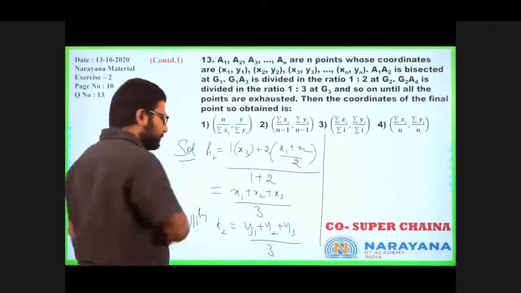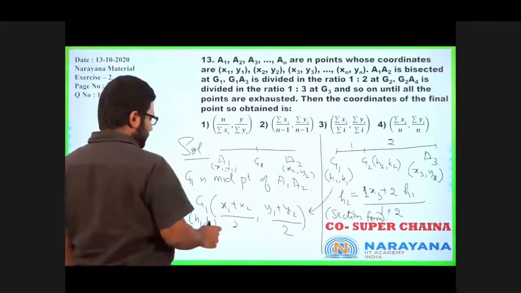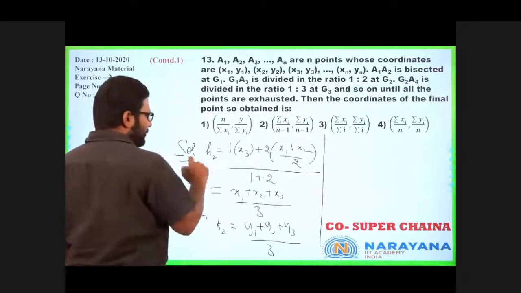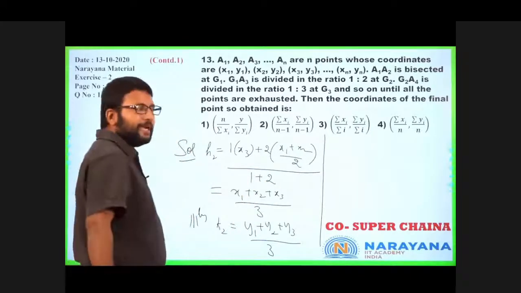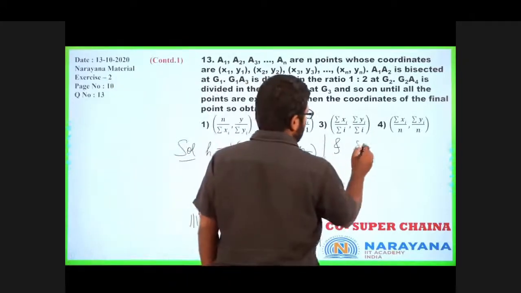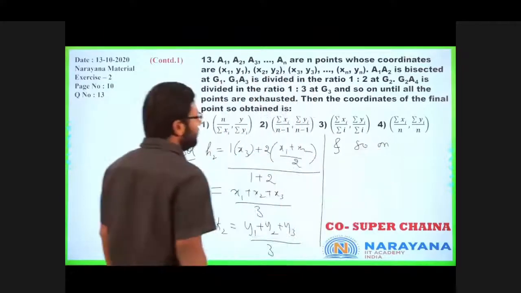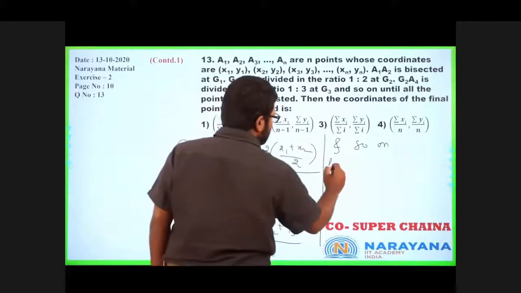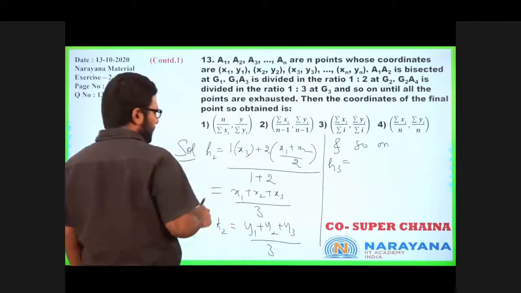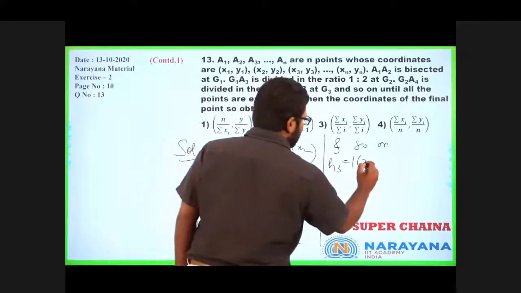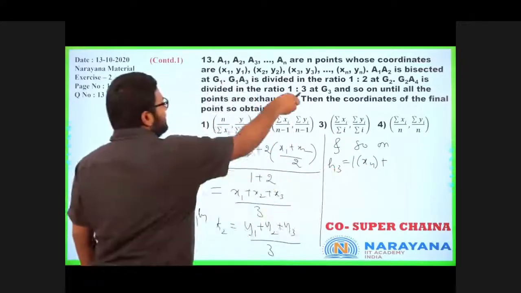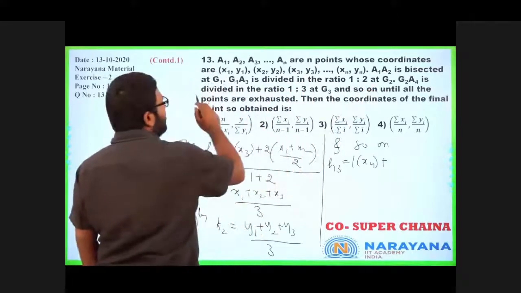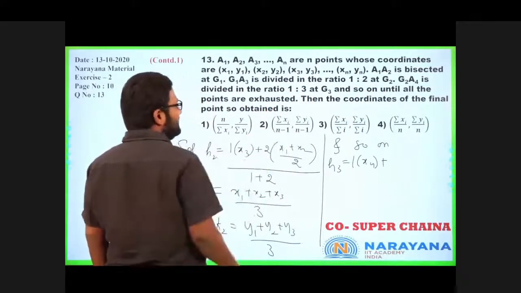Are you able to see the pattern now? Because your H1 was x1 plus x2 by 2, H2 is x1 plus x2 plus x3 by 3, and so on. If you want to go one more step, even H3 will be 1 into x4. G2A4 is divided in the ratio 1:3 at G3.